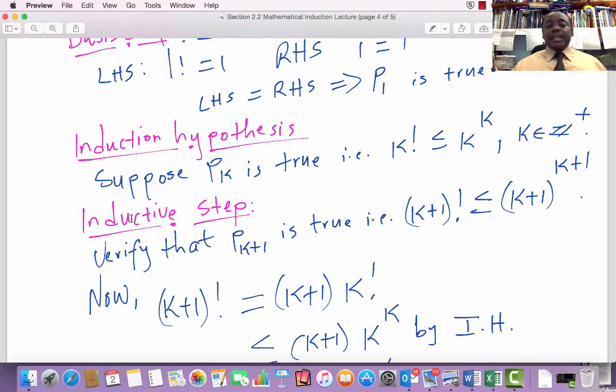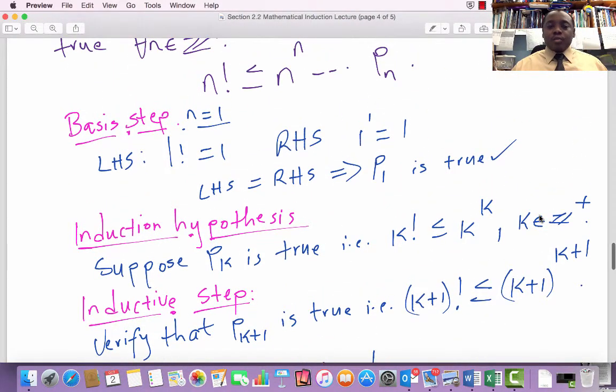Step 3, inductive step. We now verify that Pk plus 1 is true, i.e., we have to verify that k plus 1 factorial is less than or equal to k plus 1 raised to the power k plus 1.